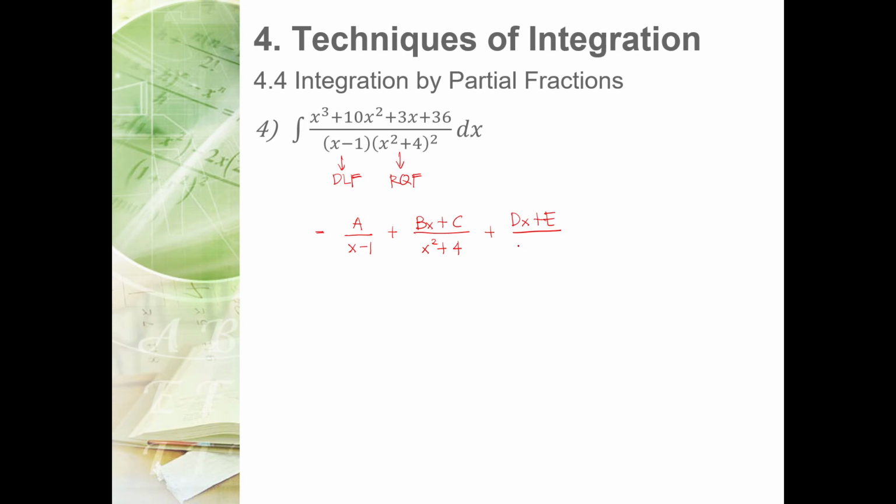So it's more difficult, right? That's why it's 5 variables. Okay, so that's how you set up your partial fractions for numbers 3 and 4.